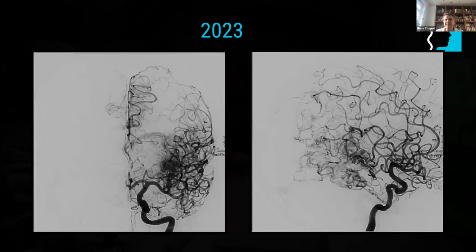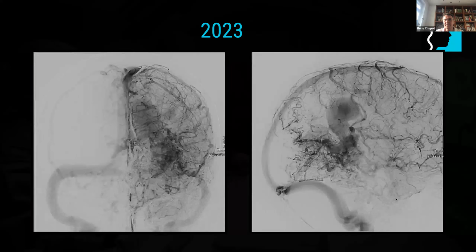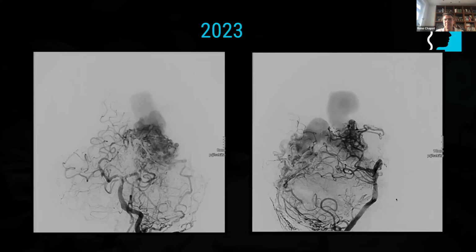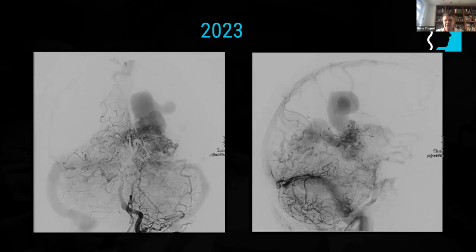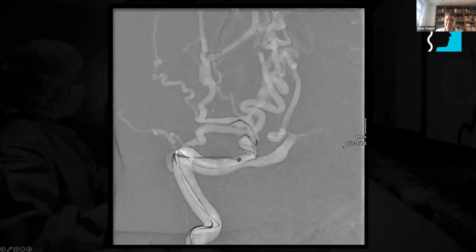Here is the ECA, then the ICA, which is not much better. And again, the posterior circulation. So trying at some point maybe venous, but of course too large to start for venous here.